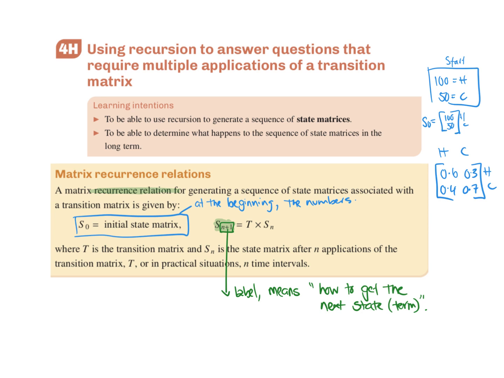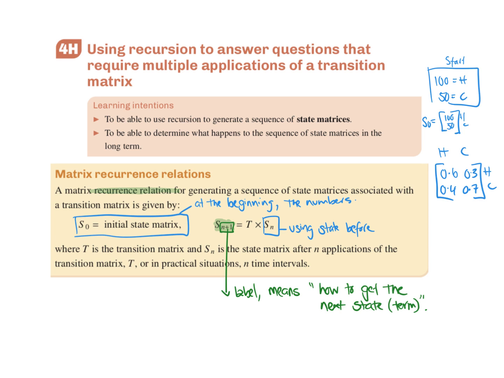And it's this bit, which is using the state before. Okay? So obviously, if you have S0, you could get the next term by going the transition times S0, and that would give me S1, okay? So that's all that means.